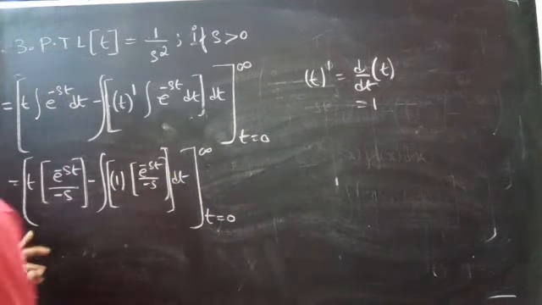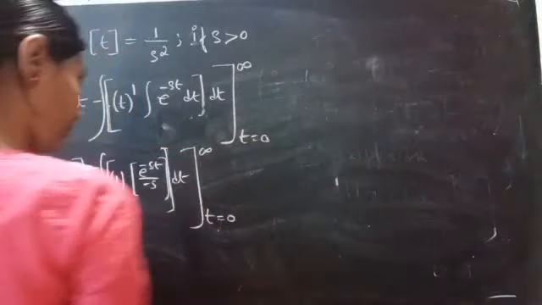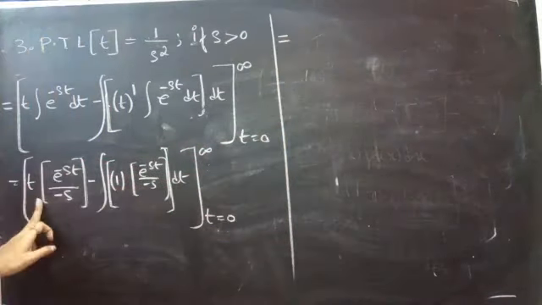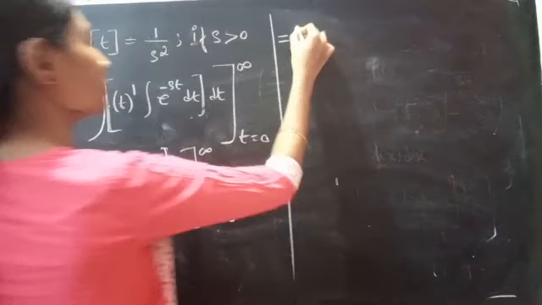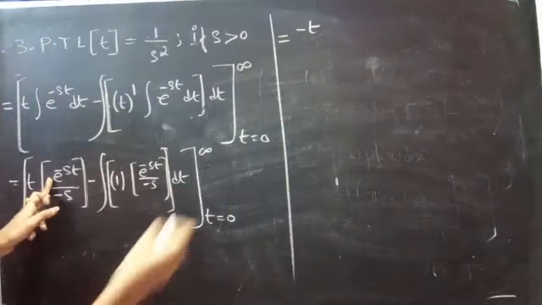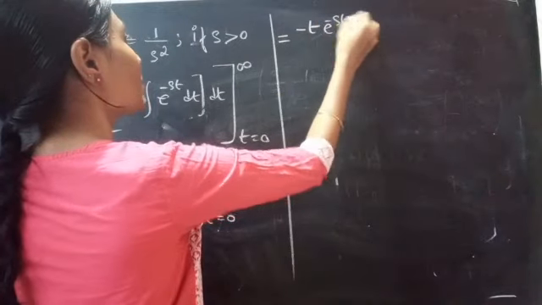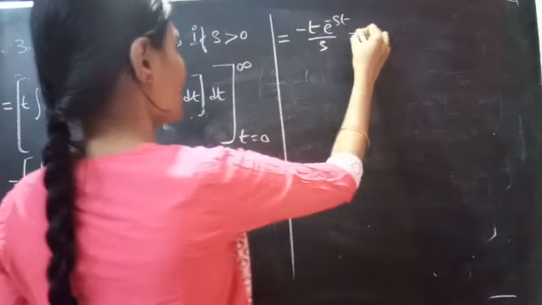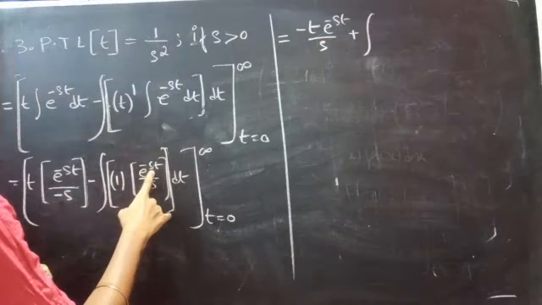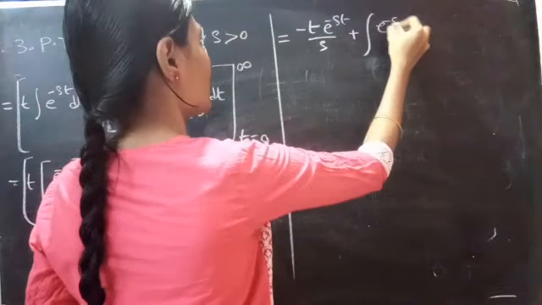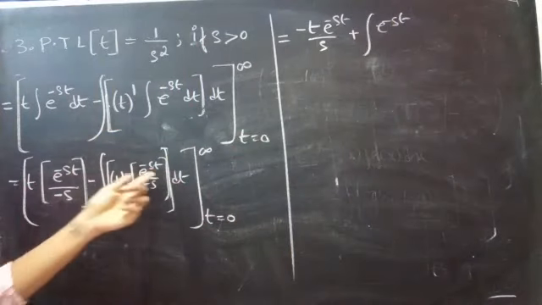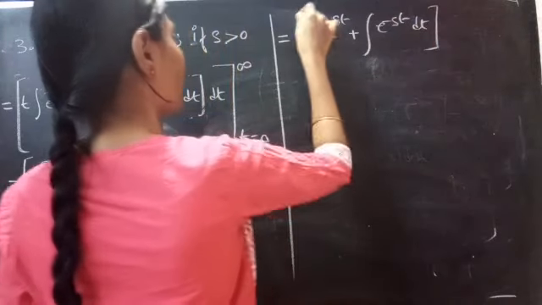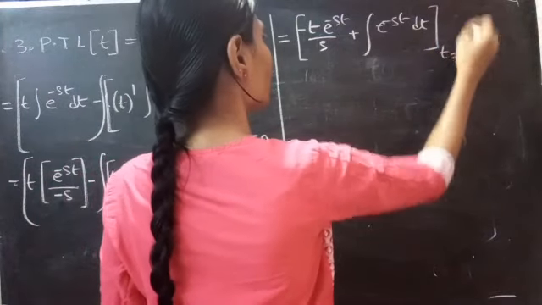So this equals minus t into e power minus st by s, minus into minus plus the integral of e power minus st into 1, which is e power minus st into dt, for the limits t equals 0 to infinity.